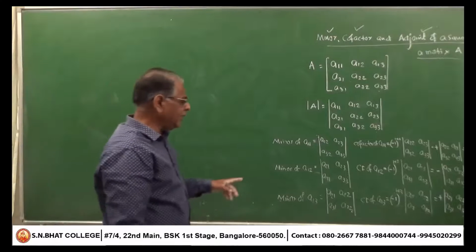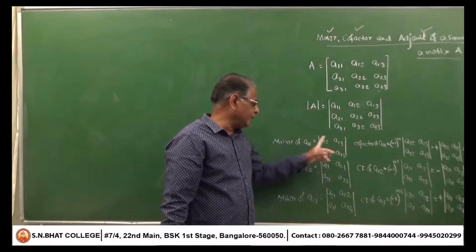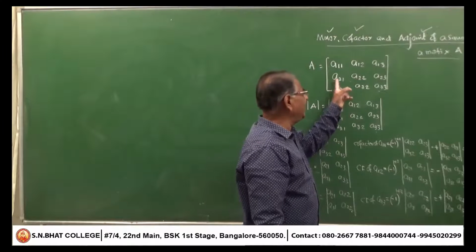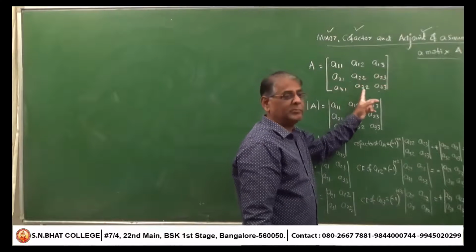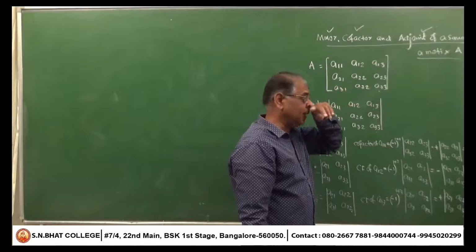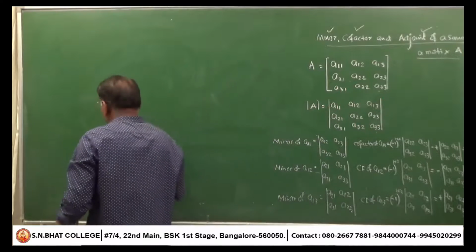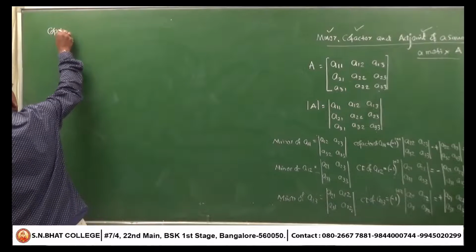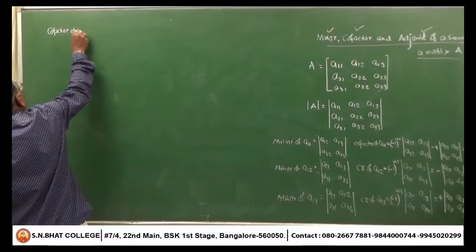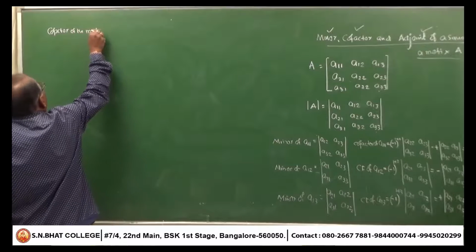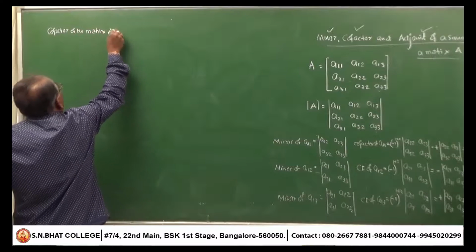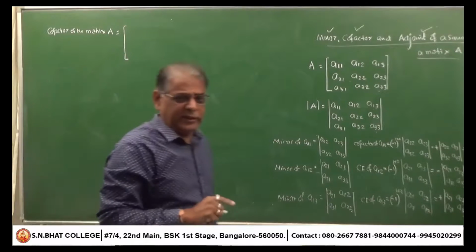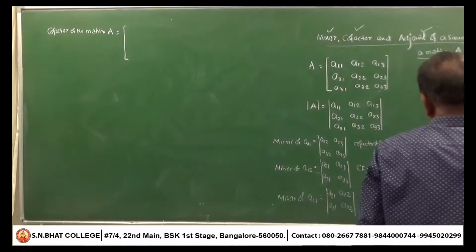Here I have calculated only the minor and cofactors of 3 elements. Similarly, we can find the minor and cofactor of the remaining 6 elements. Next, we write the cofactor of the matrix A. Cofactor of the matrix is a matrix.